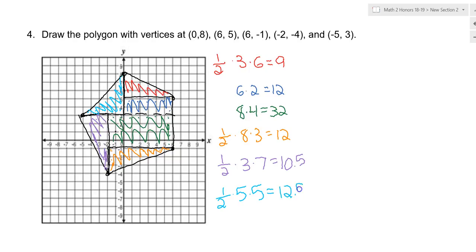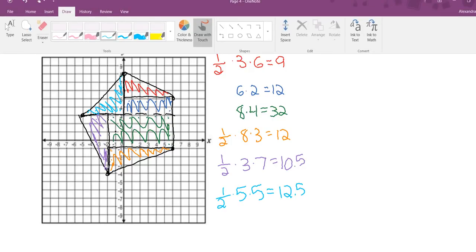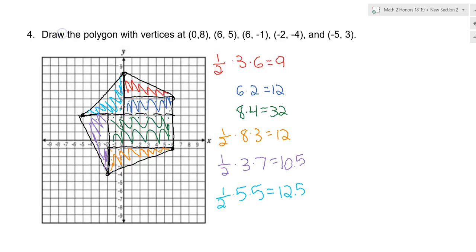Again, it's another fraction, but again, not super worried about that. And then I'm just adding up all of these different areas. And so area equals, add all of your numbers together, and you get 88 units squared.